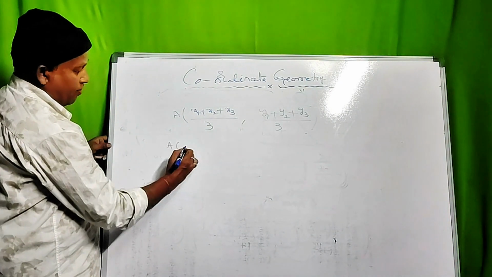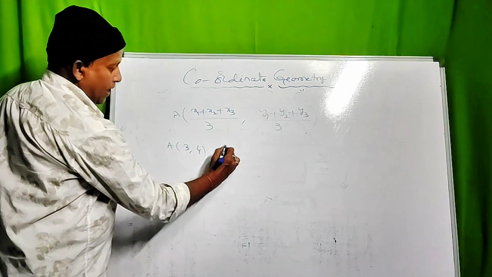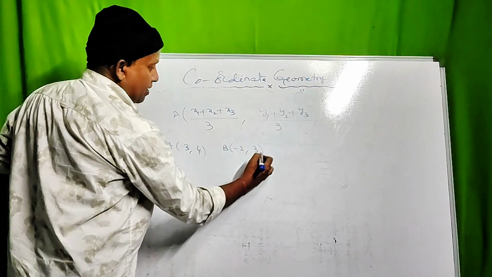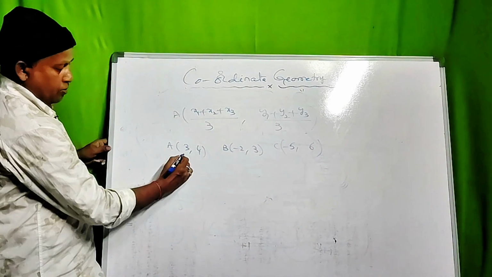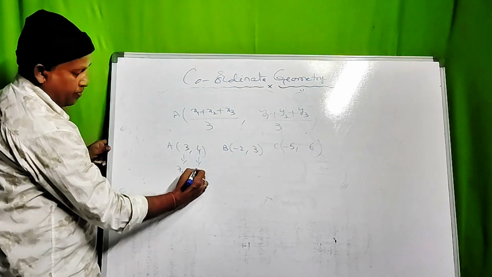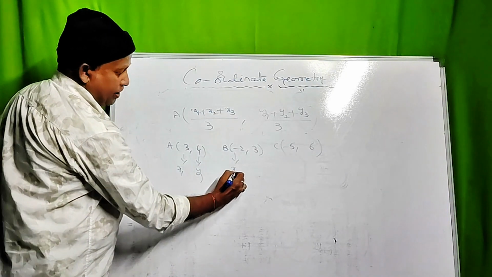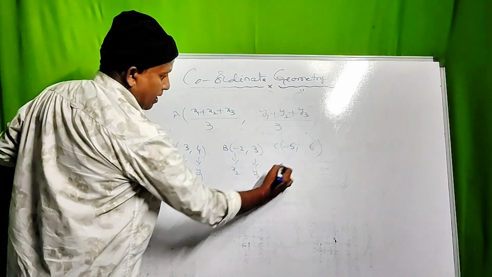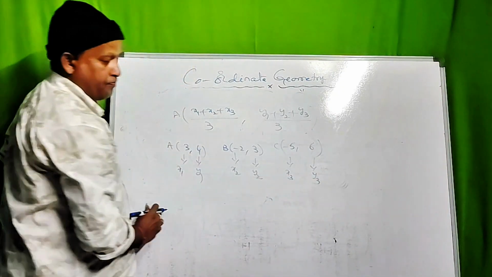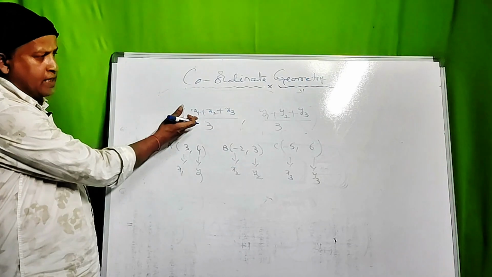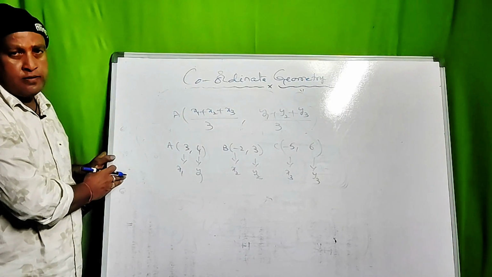For example, A is 3, 4, and B is minus 2, 3, and C is minus 5, 6. So it is x1, y1, and it is x2, y2, and it is x3, y3. The formula is in front of you, all of you, right?